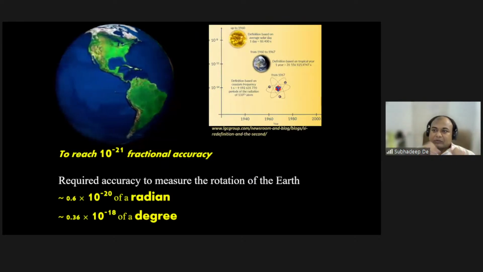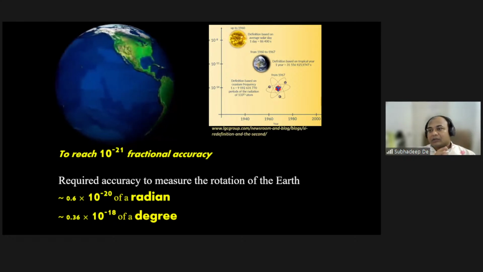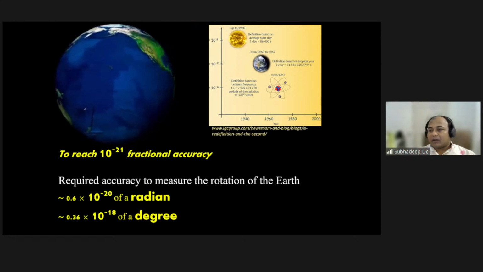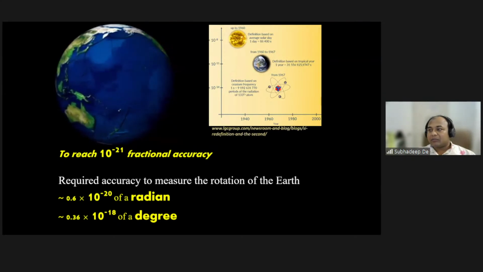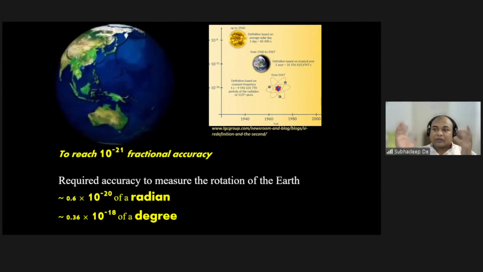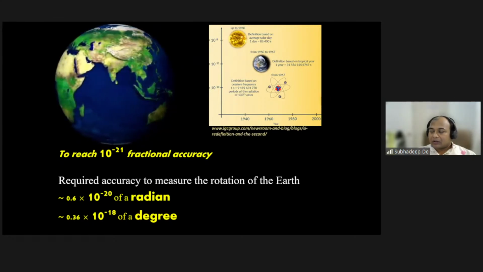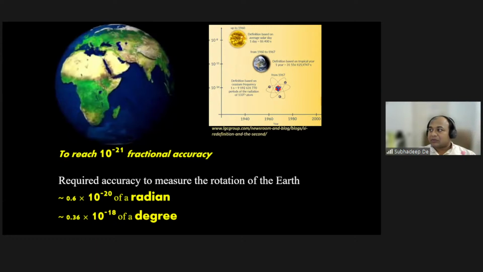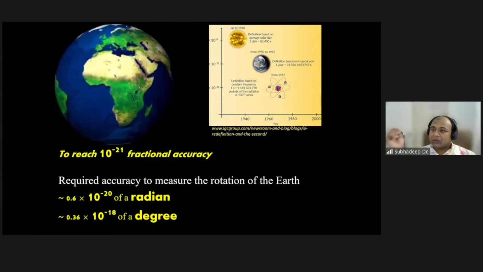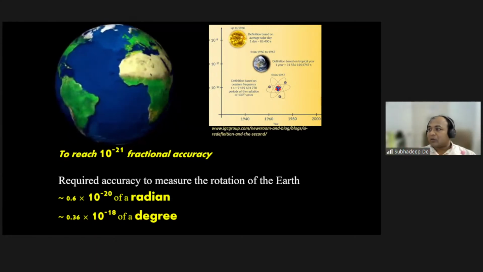So, just to begin with, let me give you an example. We know that until, let's say, 50 years back, the definition of time was based on the rotation of the Earth, or actually, even at that time, it was based on a year, like one tropical year.